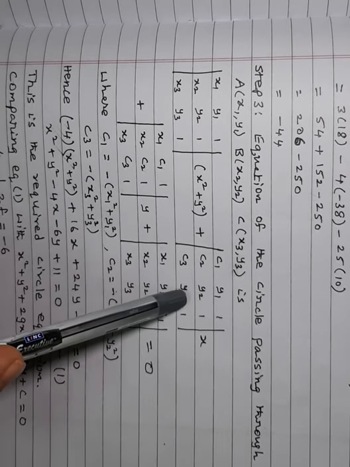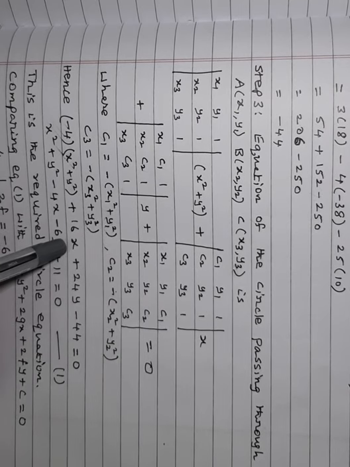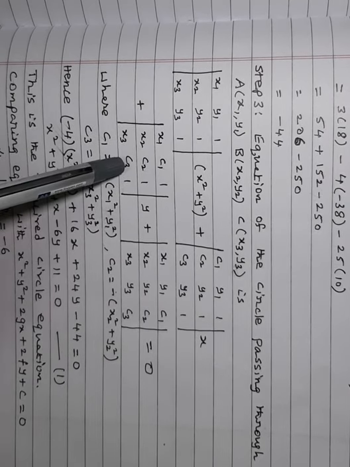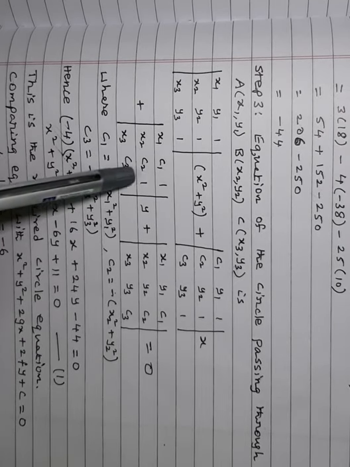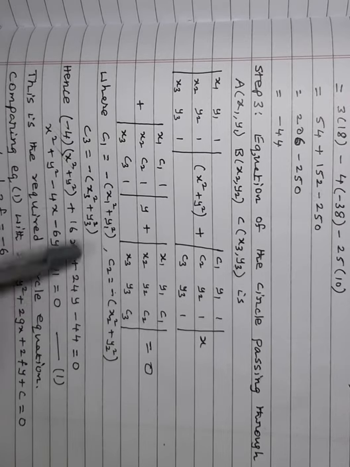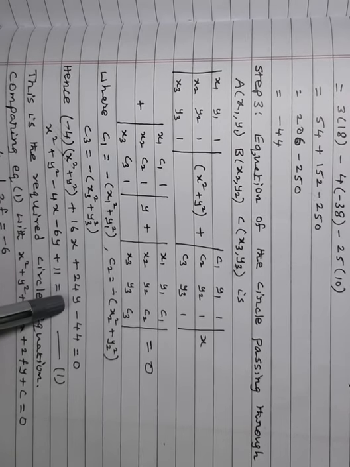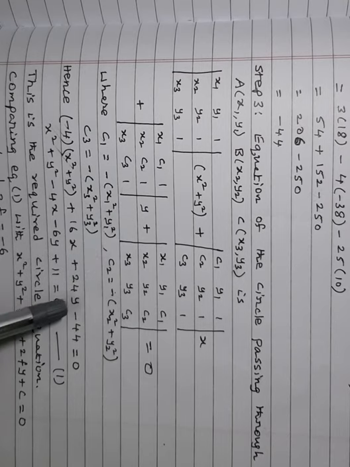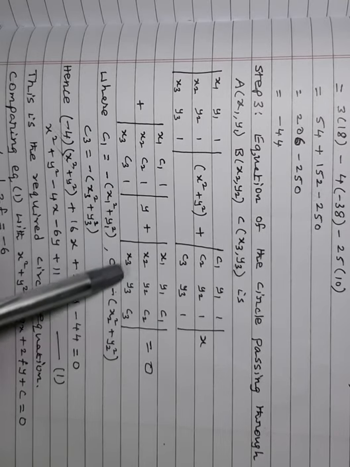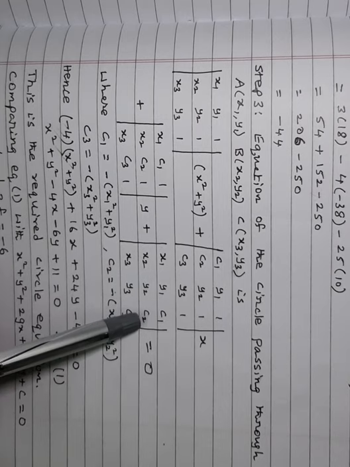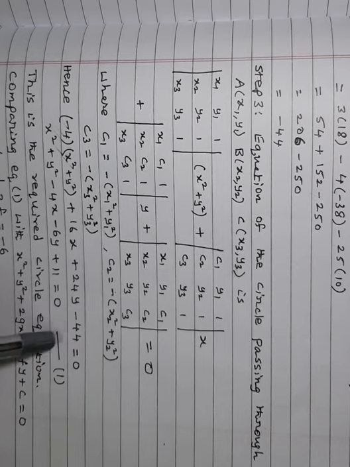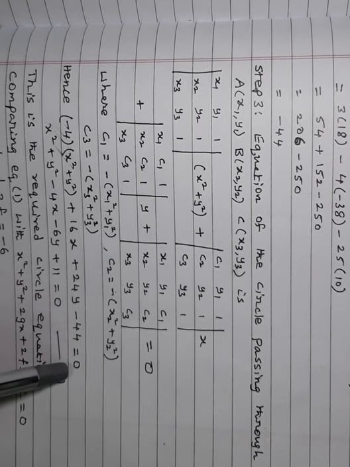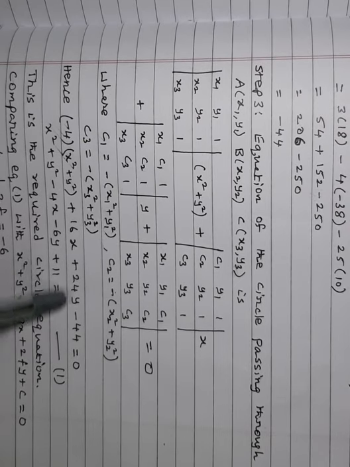We obtained 16 multiplied by x, plus this determinant value is 24, multiplied by y, plus this determinant value is minus 44. So plus of minus 44 is minus 44 equal to 0. This is the equation of the required circle.